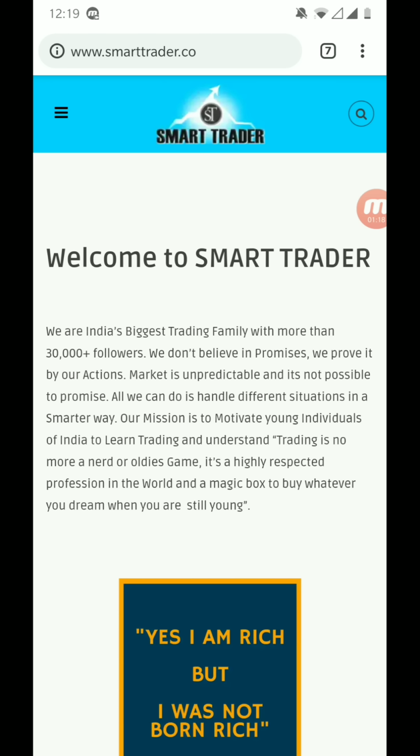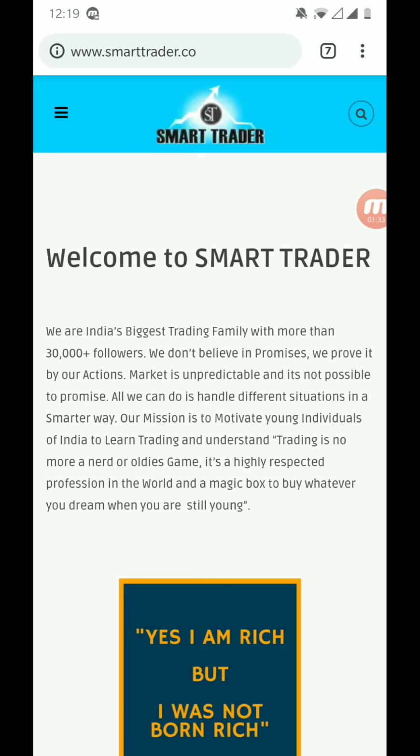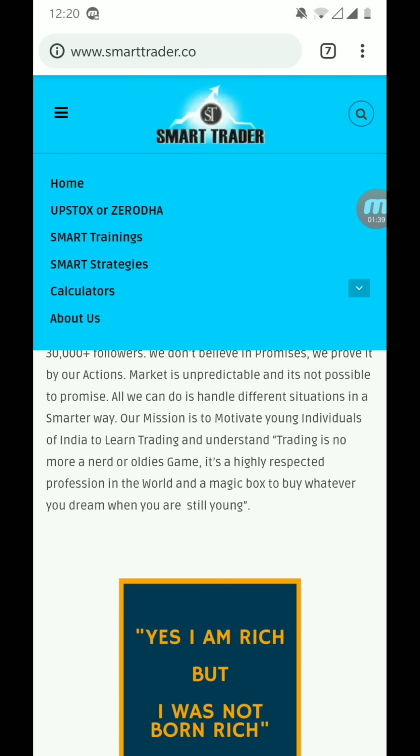So the trick is going to be very simple, and we are going to use the GAN square calculator, which most of you would have used, and now we have this GAN square in our website. Just go to www.smarttrader.co as seen over here. This is the main page, and then go to the menu. We can do the same in laptop also.